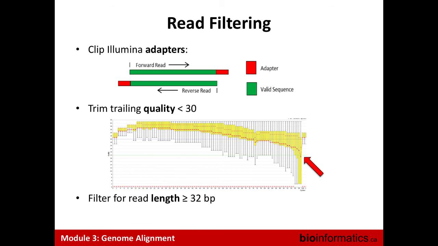Because you don't want to remove quality first and then look for adapters: if you have removed part of your read, you reduce the sequence, and maybe it will be more difficult to see if that sequence is really an adapter. So you prefer to maximize the sequence to look for the adapter, to increase the chance of recognizing the adapters, and then you remove the quality.